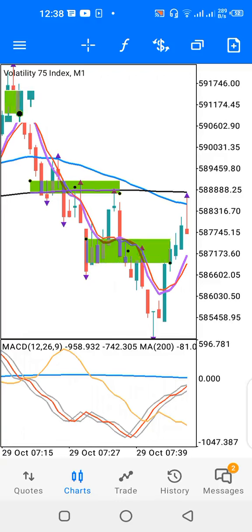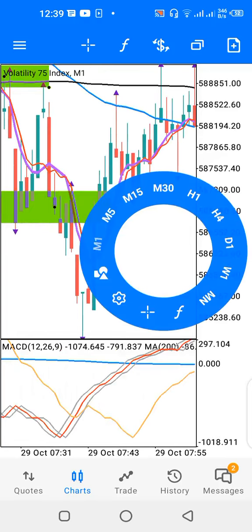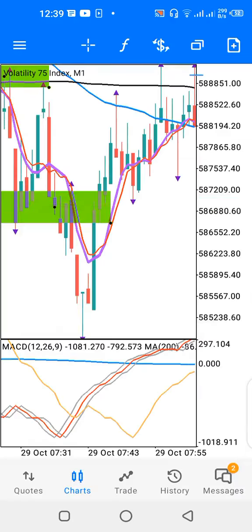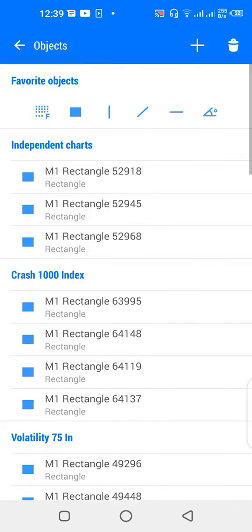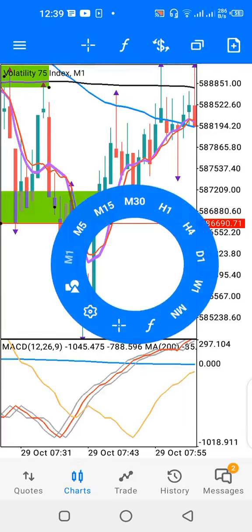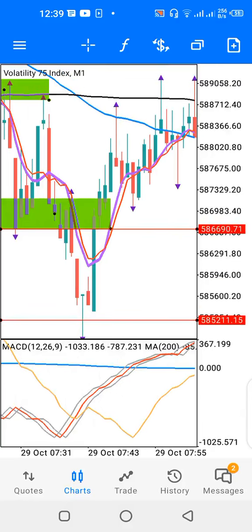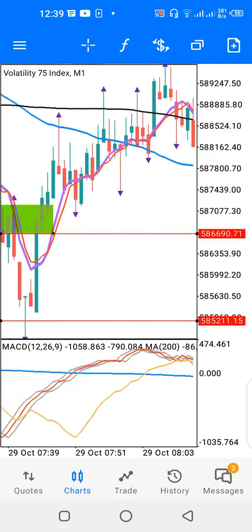So if you place a sell trade somewhere around here, you'll have made some points on the 1 minute time frame. Let's look at the amount of points you'll have made. Okay, up to this point, that's 586,69 to about 1,000 points, thereabouts.